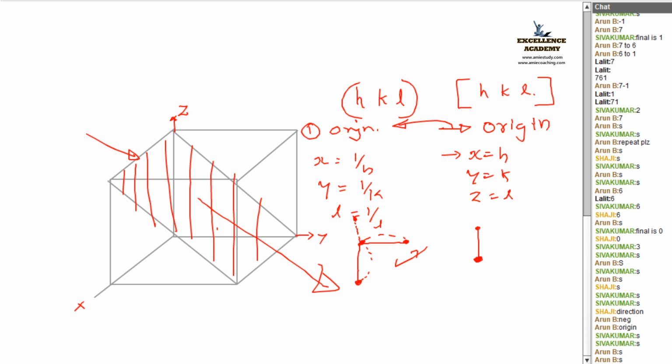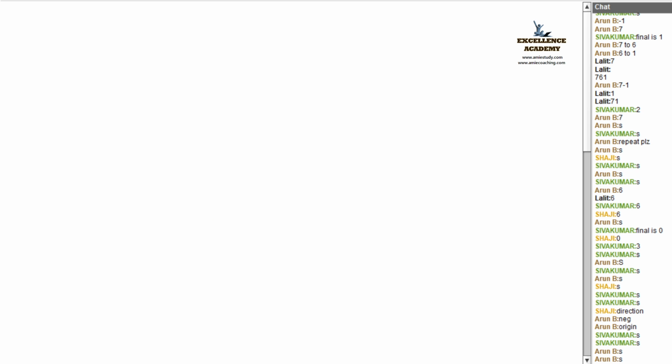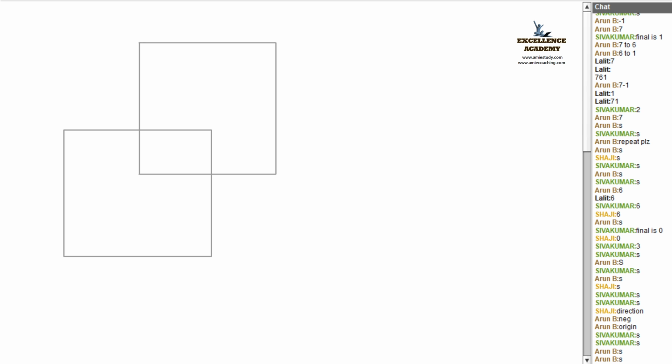Okay. Now let's do one problem so that it will be just clear. Let me draw a cube. So I have to plot (1, 1, 1) enclosed in curvy bracket.